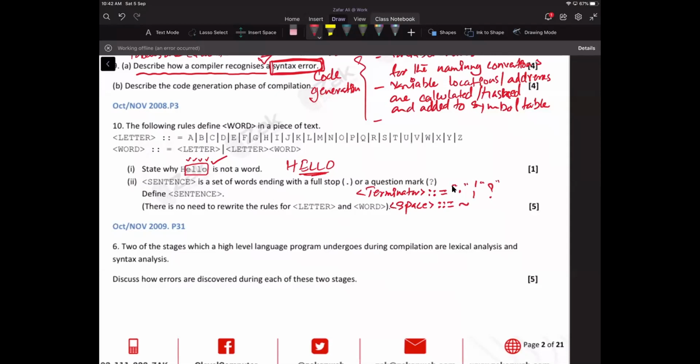So what is a word? Word is any number of letters. Combination. So let's call it combination. Combination is defined as a word and space.